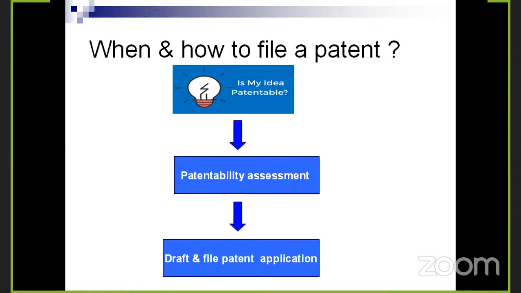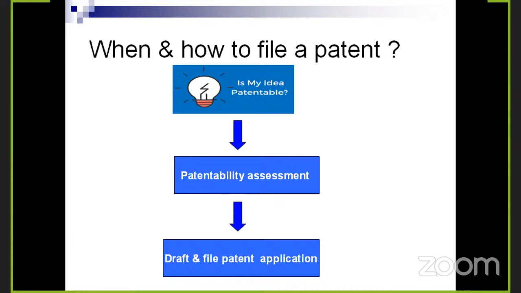So a very thorough check needs to be done in order to confirm the patentability of any invention. So once the patentability assessment is done, and let's suppose it shows that the invention is indeed novel and inventive, then one can go ahead with the drafting and filing of the patent application.